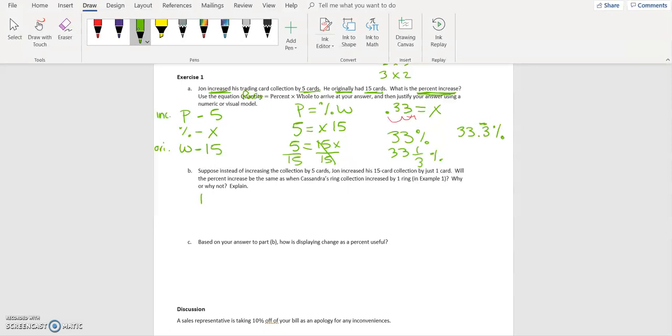So no, because the number of rings are different than the number of trading cards.